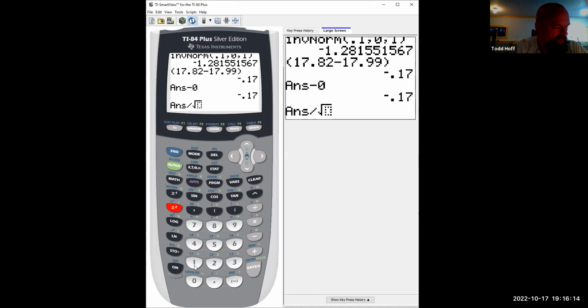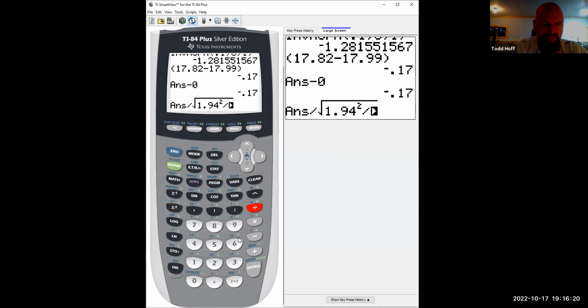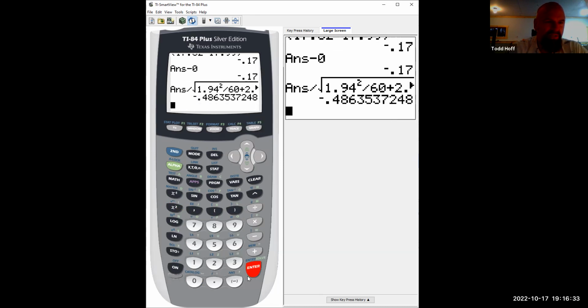So we've got 1.94 squared divided by a sample size of 60 plus 2.04 squared divided by a sample size of 70. And we hit enter. We get negative 0.487, or 486, actually. We don't have to round up there, as our test statistic.